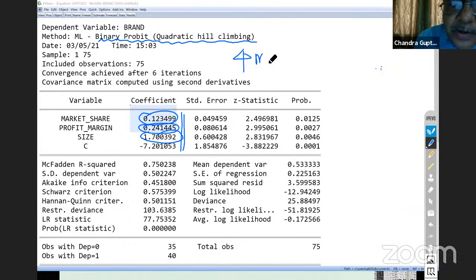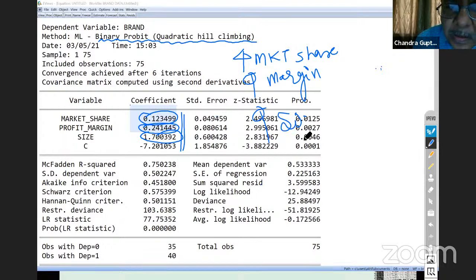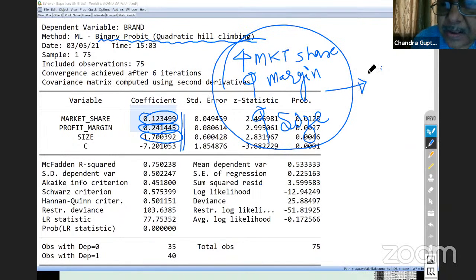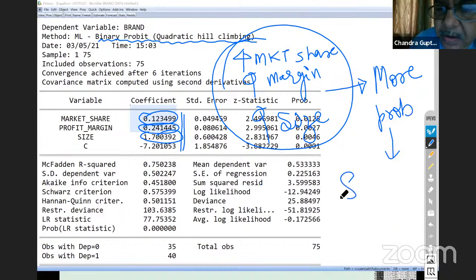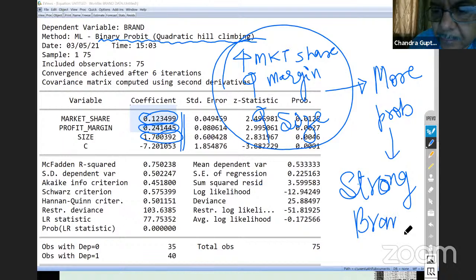Higher market share, higher profit margin, larger the size, all the three make a company more probable in having a strong brand, because all of them are having a positive sign.